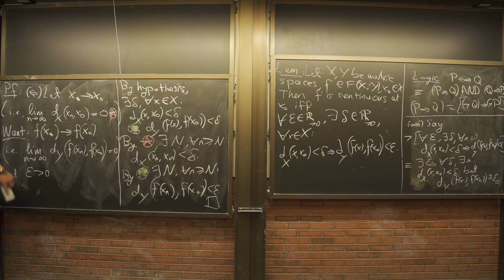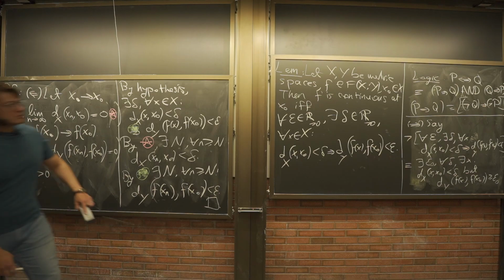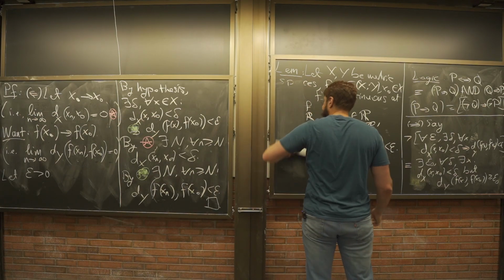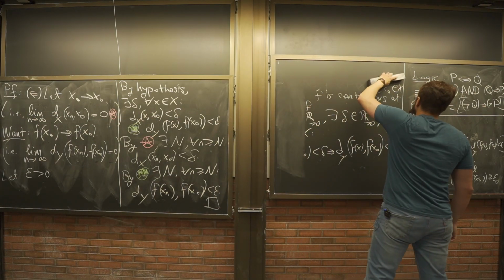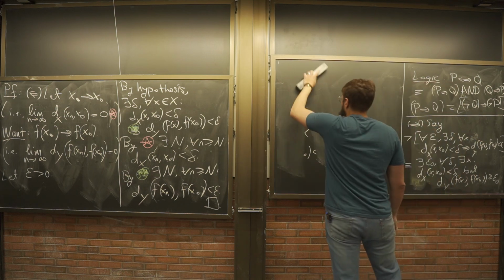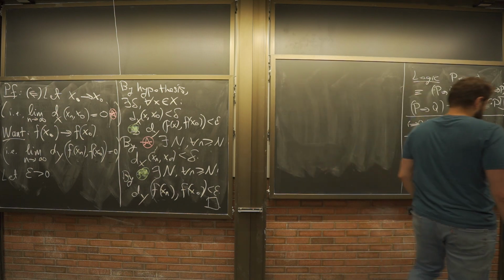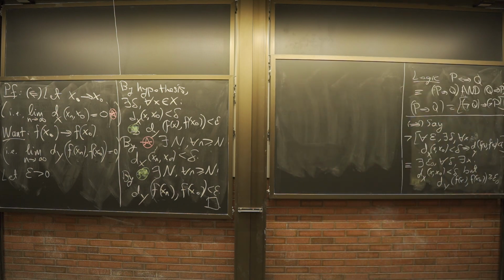Let me delete this part. So how do you farm a sequence like this from a statement like this? Well, you take a sequence of deltas that decreases to 0.